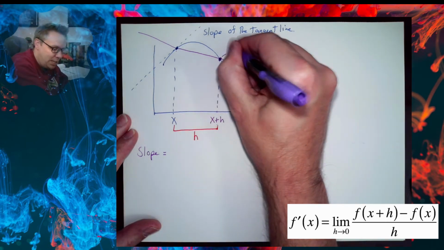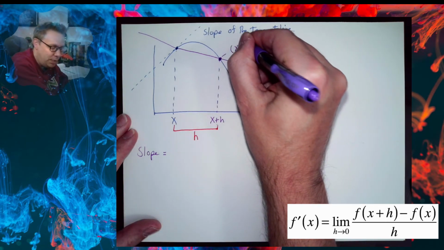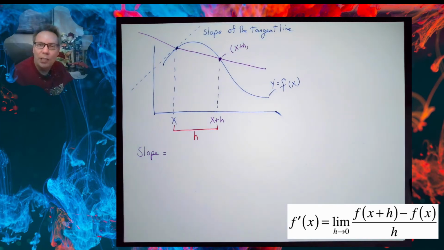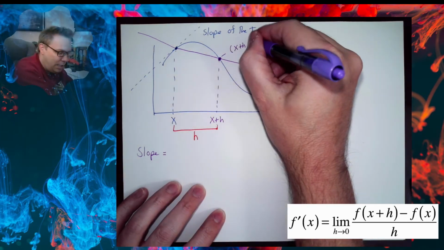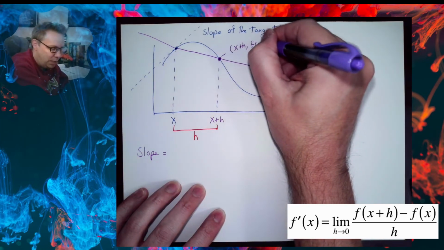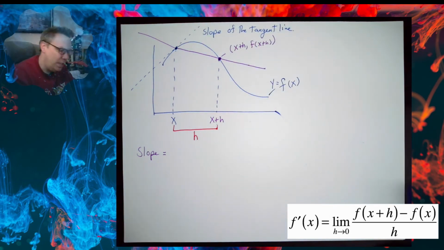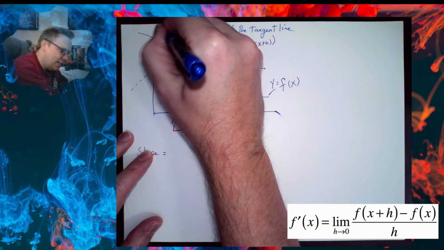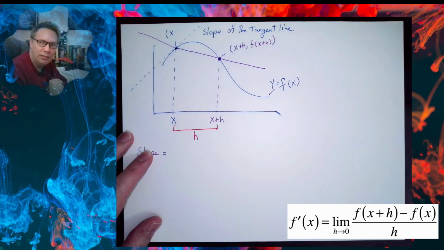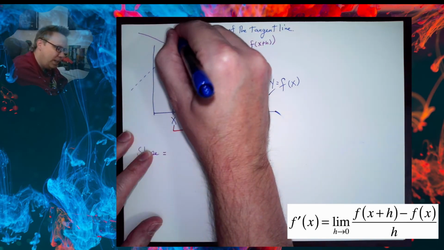So this point here has an x coordinate of x plus h. In other words, the input is x plus h, and the output is f of x plus h. This point over here has an input of x and an output of f of x.